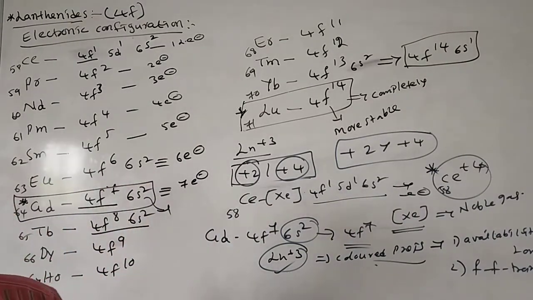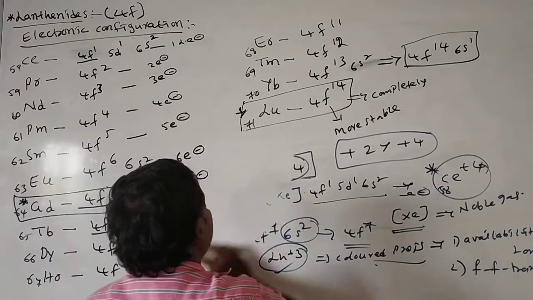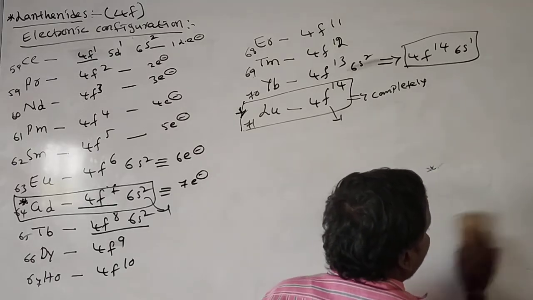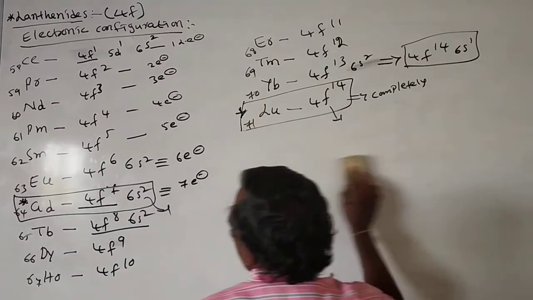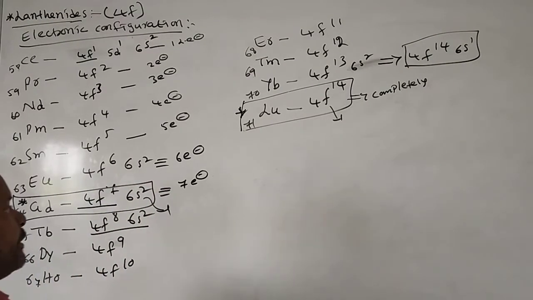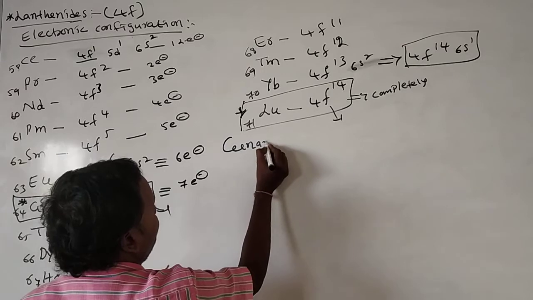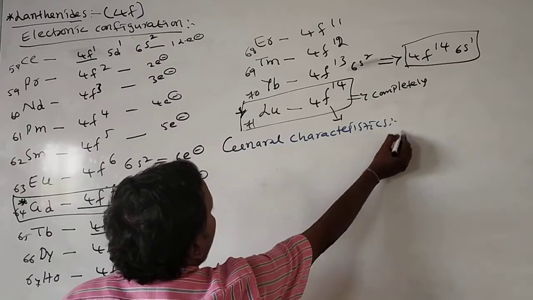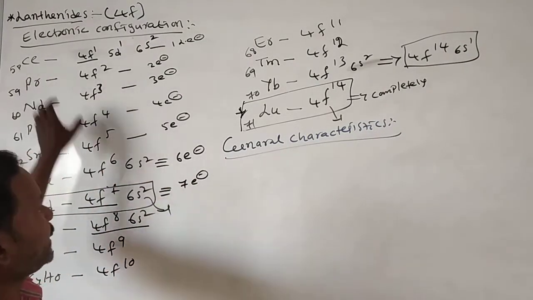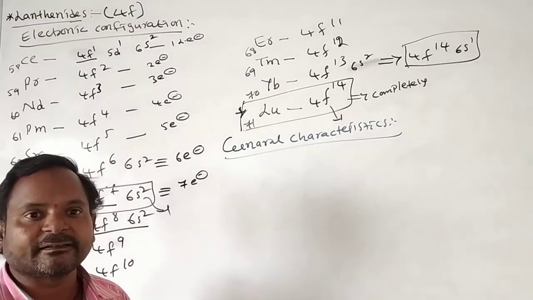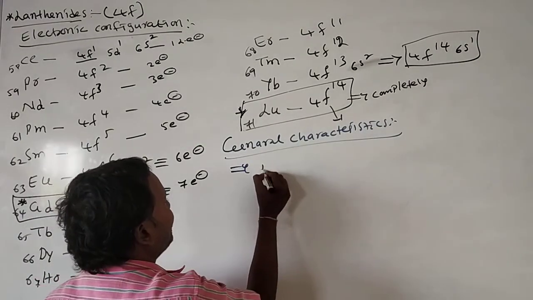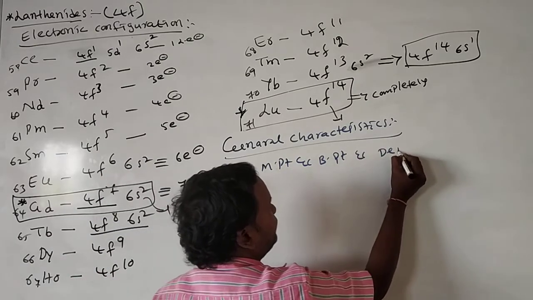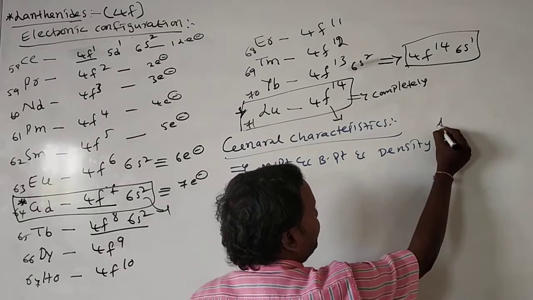And here we'll see the general characteristics of lanthanides. By increasing atomic mass, the melting points, boiling points, and density values gradually increase.